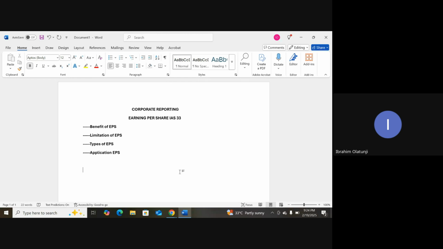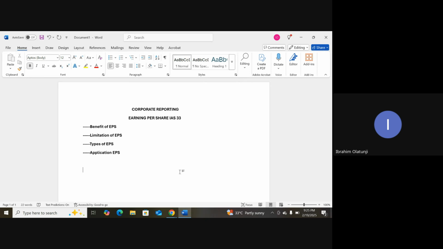Any company that is not quoted or listed on the stock market that chooses to disclose earning per share does so in accordance with IAS 33.